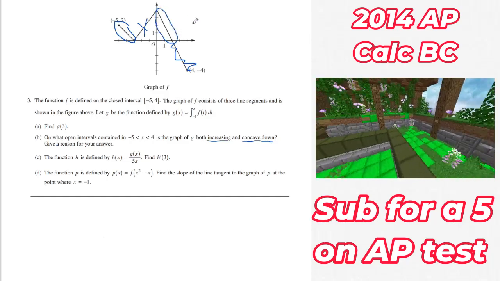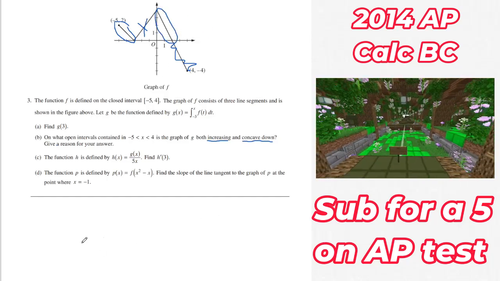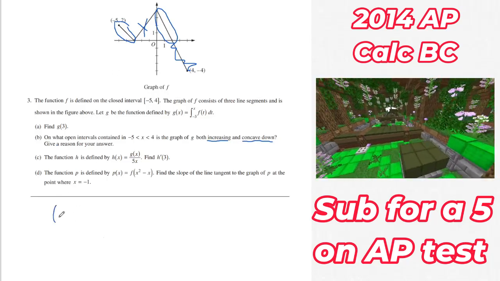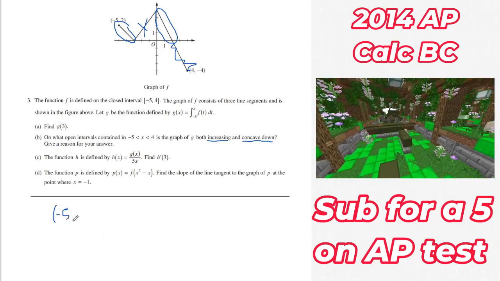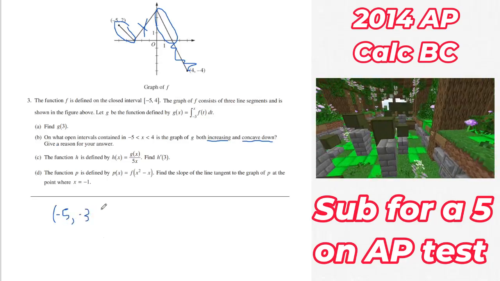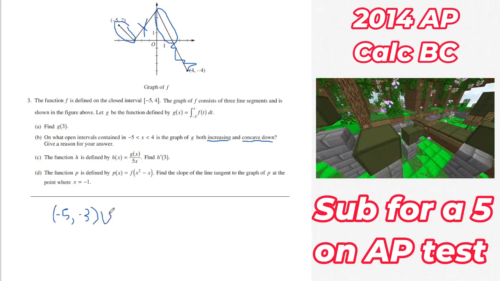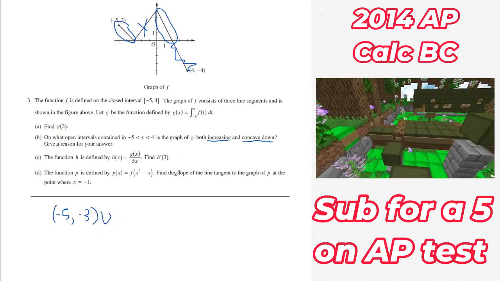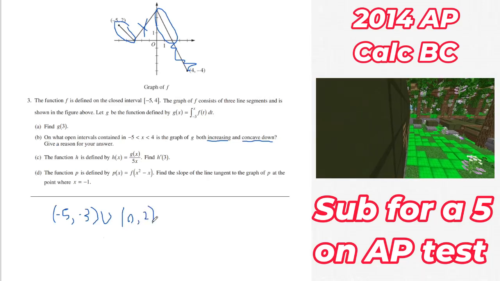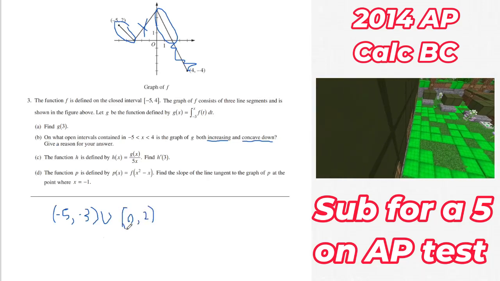So we have these two sections, and now we just need to write it down in interval notation. So on open interval from -5 to -3, as well as from 0 to 2. And that's a very bad parentheses, but you get my point.